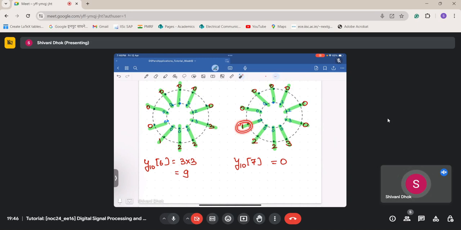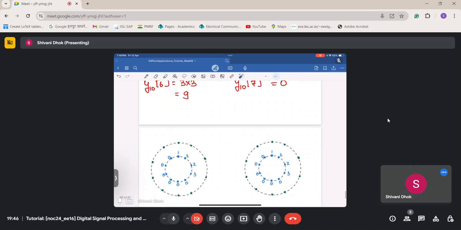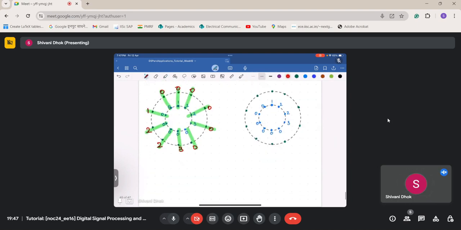I'll shift here now. So it will be 1, 2, 2, 3, 0, 0, 0, 0, 0, 0, and all the products are 0. So again y10 of 8 is also equal to 0, and this is the last point that we need to check at.